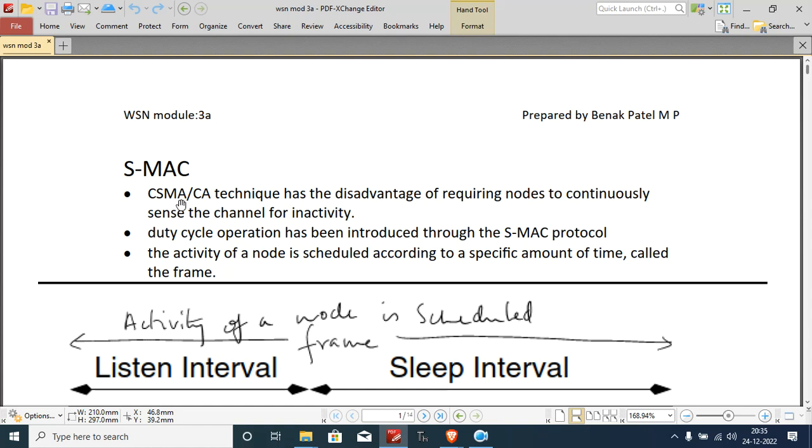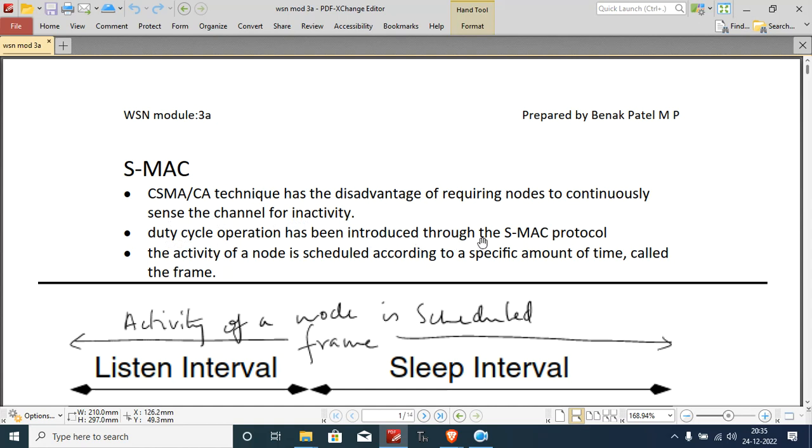Thereby they went for the collision avoidance technique. Here this CSMA collision avoidance technique has the disadvantage of requiring nodes to continuously sense the channel for inactivity.